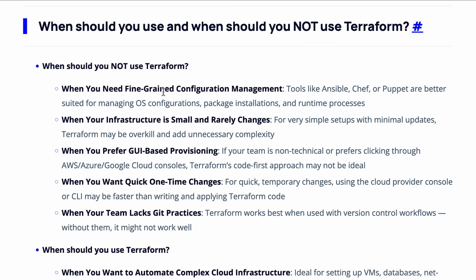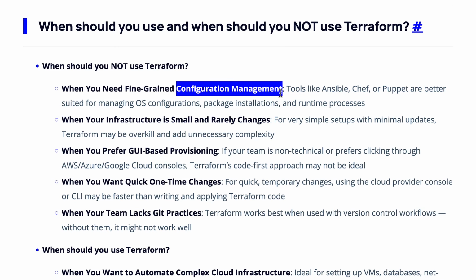When you need fine-grained configuration management. What is configuration management? I have a server and on the server, I would want to install an operating system. I would want to configure a few files. I would want to install a few processes. And I would want to manage the operating system which is running on a specific server. I want to make a change to the operating system configuration.